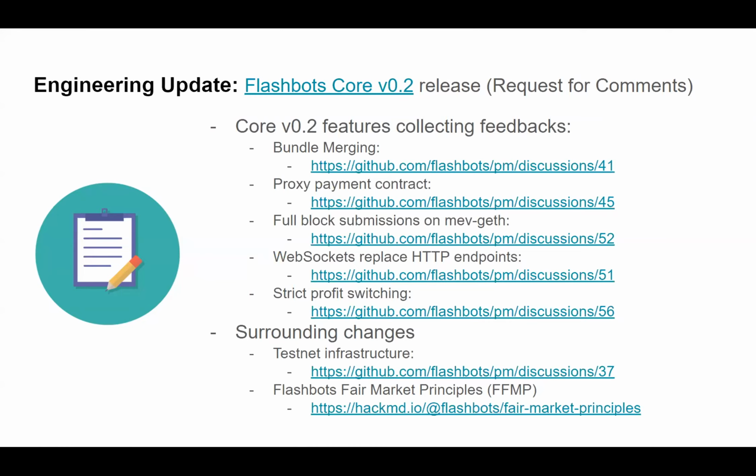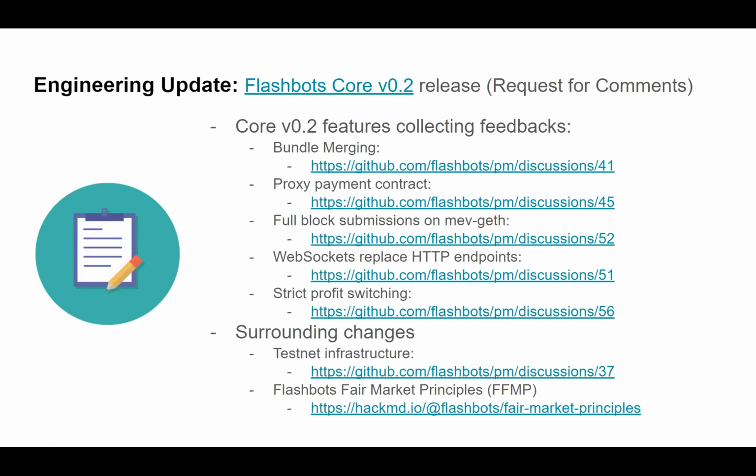So Stefan, would you like to also give more color on the following five core V0.2 features that we plan on implementing, but we'd like to hear from the community on how they impact miners and searchers.